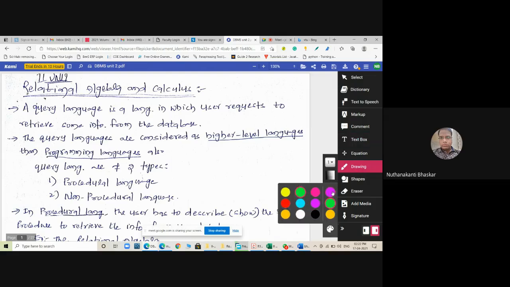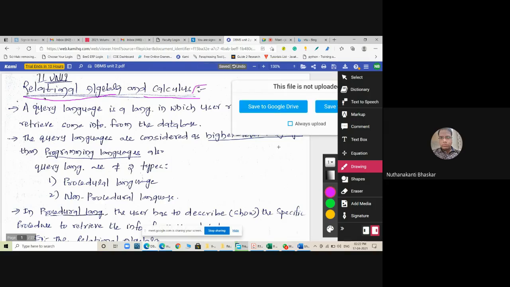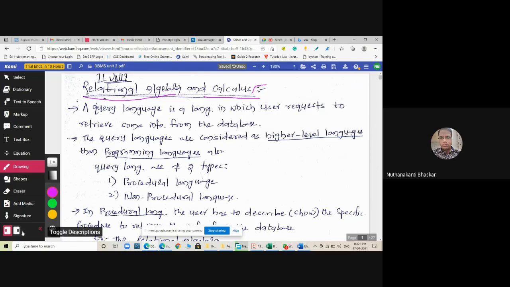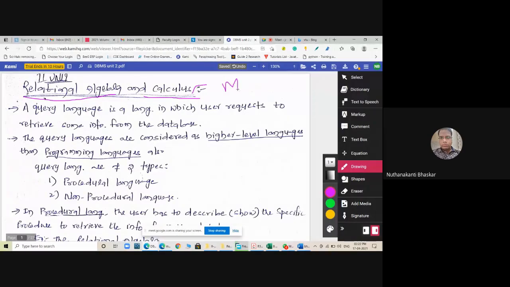This is completely a mathematical model. If you know the mathematics, then you can understand relational algebra and relational calculus. Actually, SQL queries are implemented based on relational algebra and relational calculus.